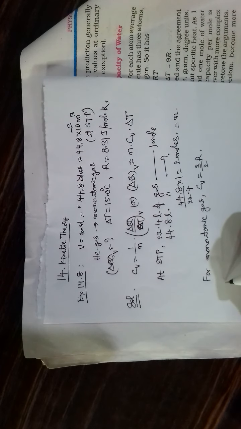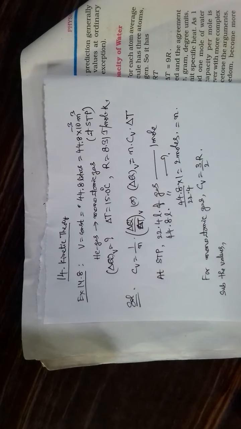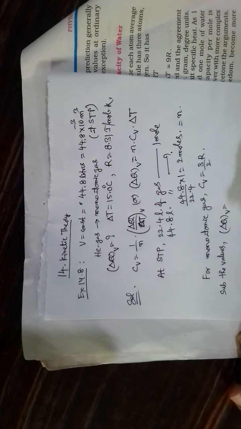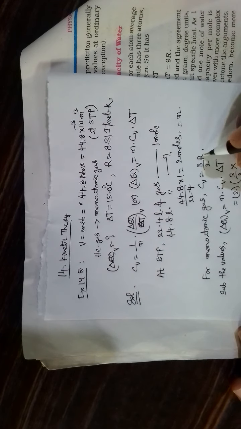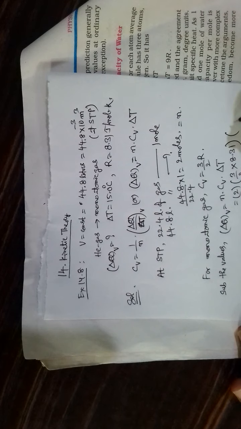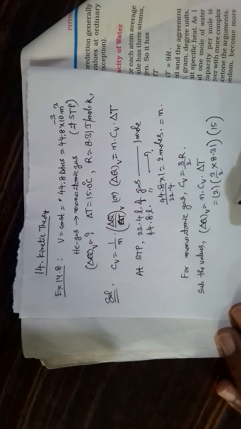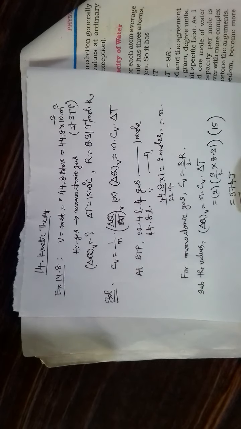So substituting the values, delta Q at constant volume is equal to N CV delta T. Number of moles 2, CV value 3 by 2 into R value 8.31 into delta T, 15 degrees centigrade. So we get 374 joules.